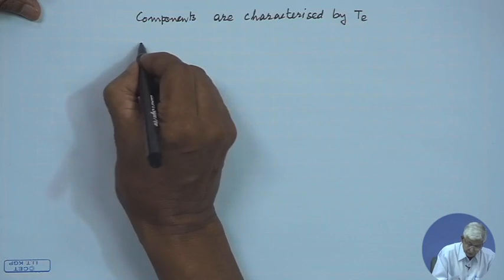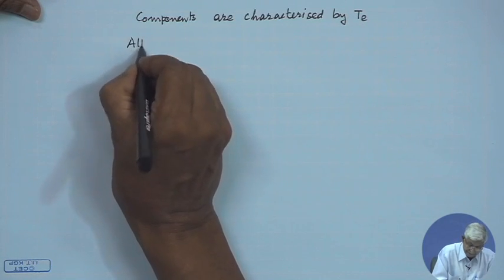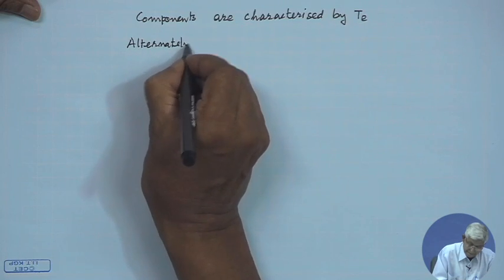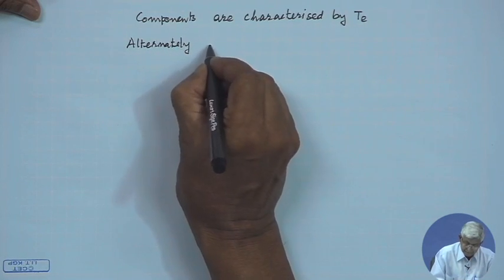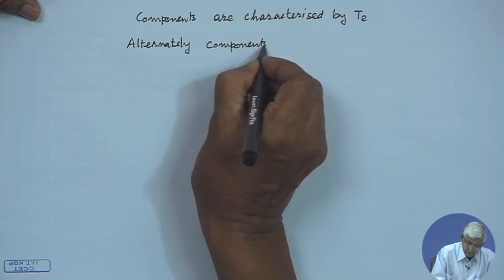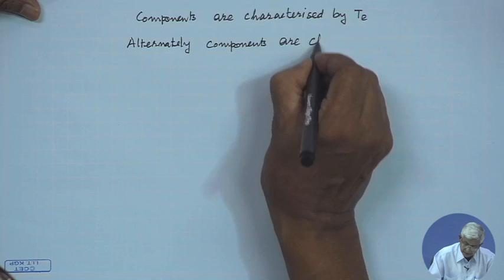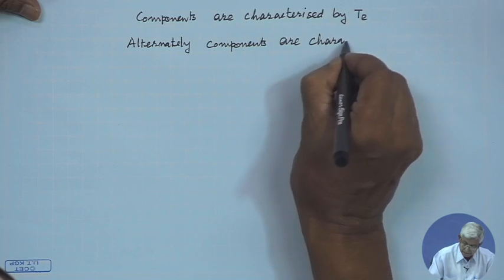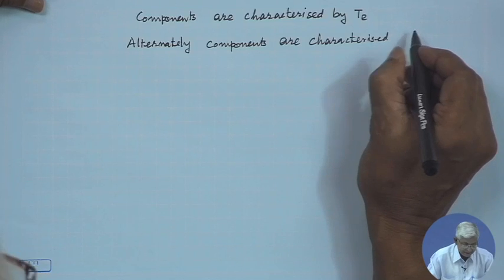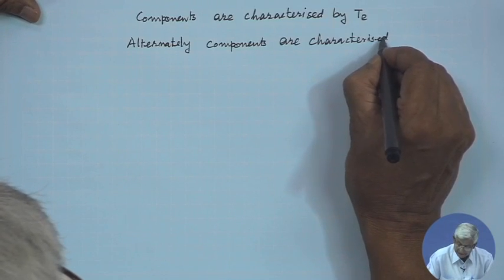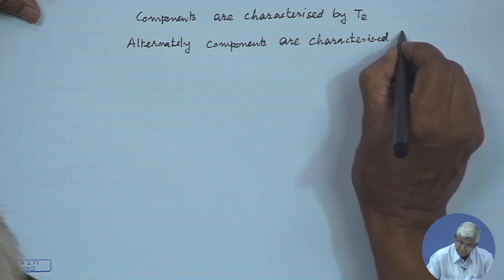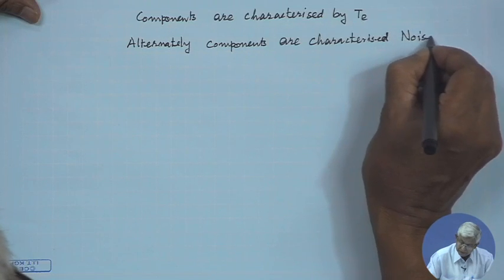Alternately, components are characterized by another parameter which is called noise figure.